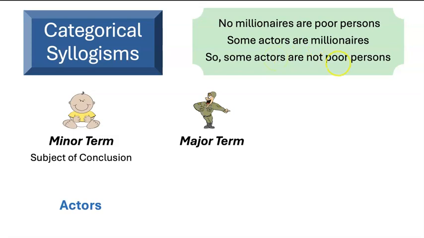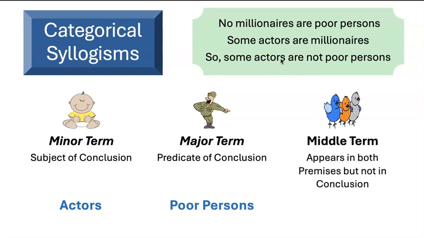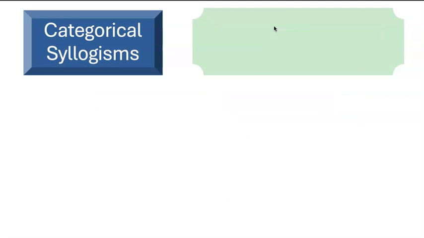The major term is the predicate of the conclusion, which is poor persons. And then the middle term is the one that appears in both premises but not in the conclusion, and that would be millionaires. So we should be able to identify our terms.